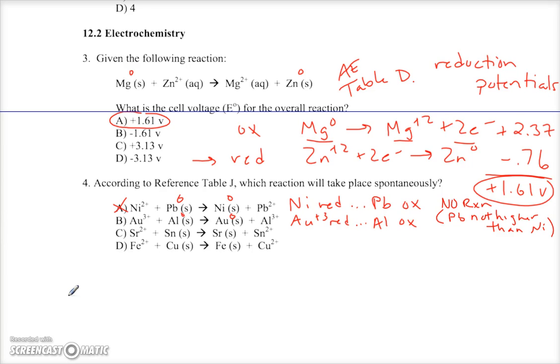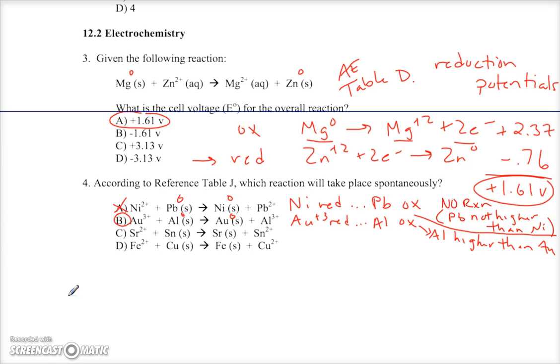If this reaction is going to be spontaneous, you would expect to find aluminum higher than gold on Table J. And you will find that it is indeed, so this right here is our likely choice because aluminum is higher than gold on Table J. Put a line here to separate that. Okay, so far that appears to be correct, but let's look at the other choices just to verify.